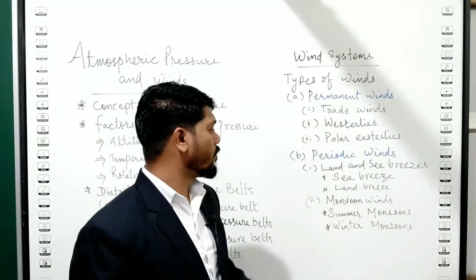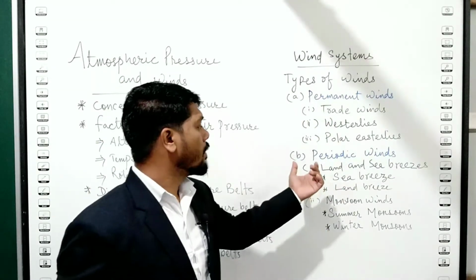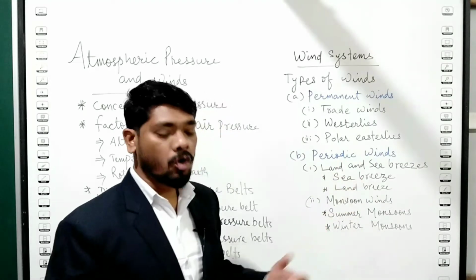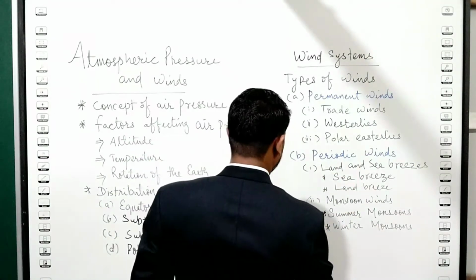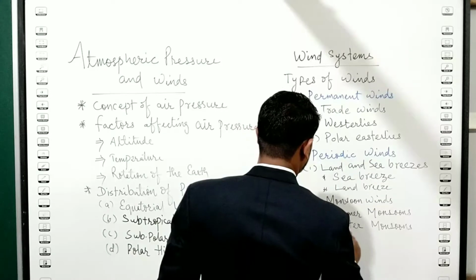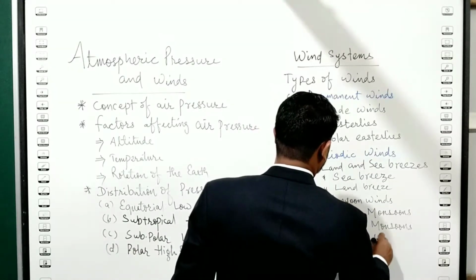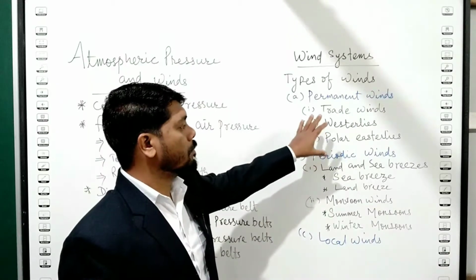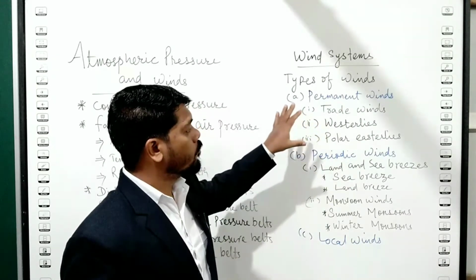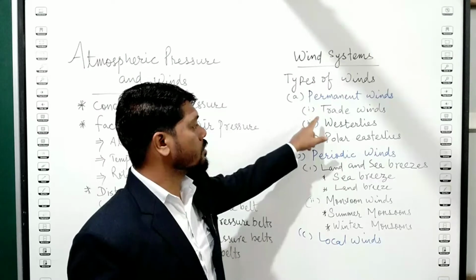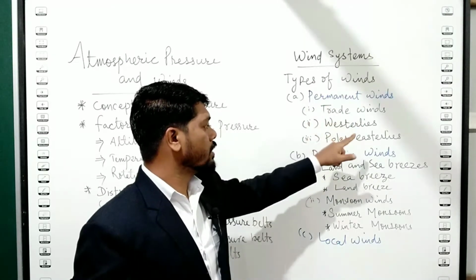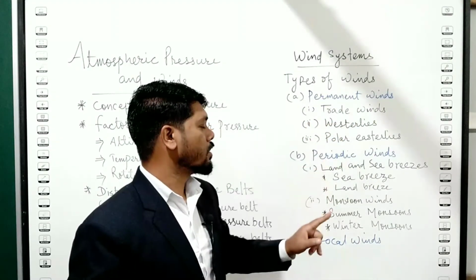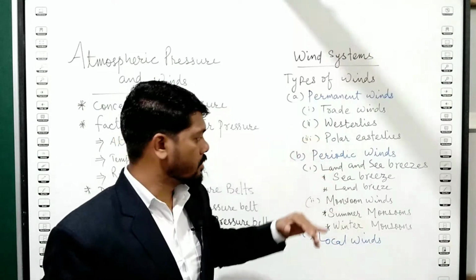There are three types of winds: permanent winds, periodic winds, and local winds. We have discussed the permanent winds. Permanent winds are further categorized into three, that is trade winds, westerlies, and polar easterlies. Up to here we have discussed.